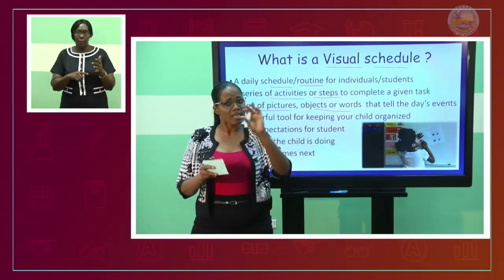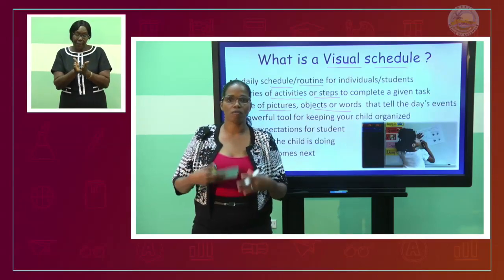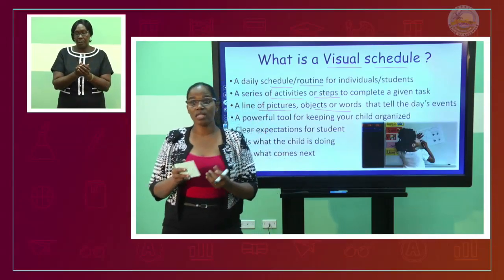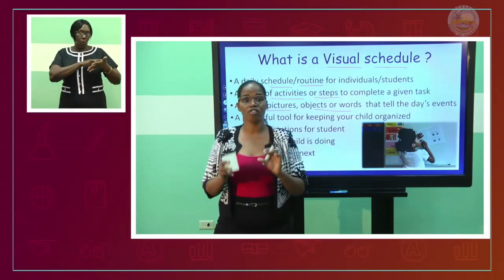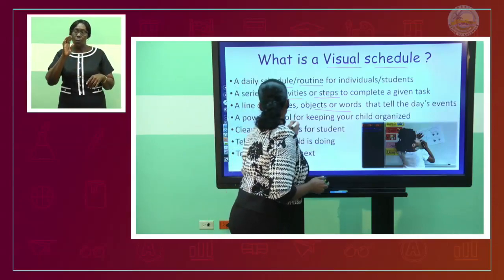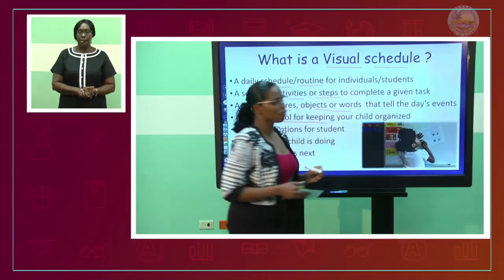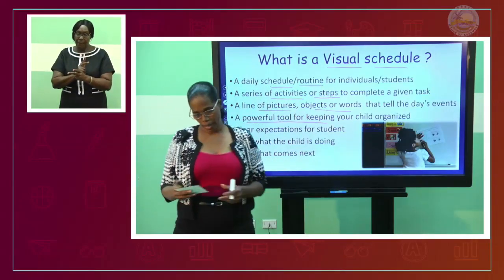So you may have a little book, or if the child is doing blocks or free play, you may have a block, or if the child needs to draw or color, you may have a crayon. So you can also do a visual schedule with objects. It's a powerful tool for keeping your child organized.